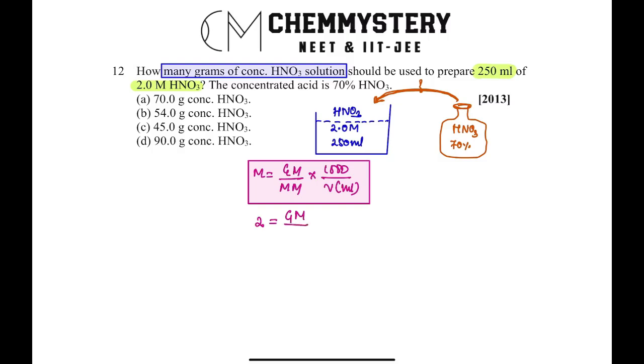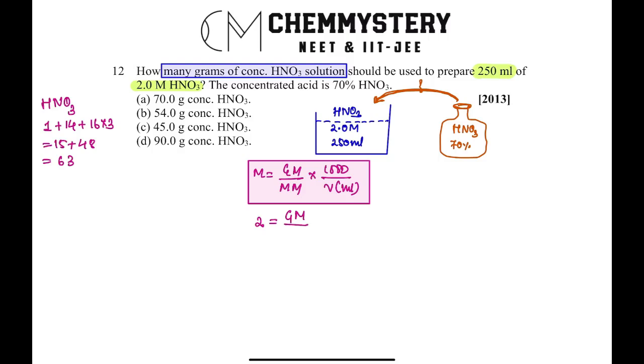Molecular mass of HNO3: let's calculate. Hydrogen is 1, nitrogen 14, oxygen 16 into 3. Yes or no? So 15 plus 16 into 3, which is 48. So how much are we going to get? 63.